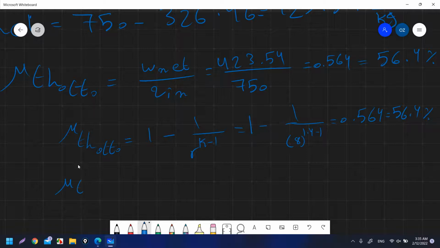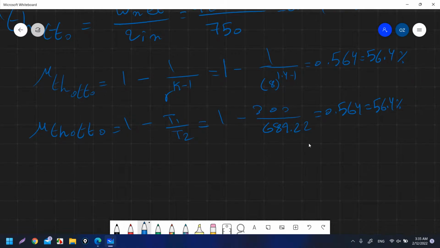And also the thermal efficiency of the Otto cycle, 1 minus T1 over T2, gives you 1 minus 300 over 689.22, equal to 0.564, equal to 56.4%.